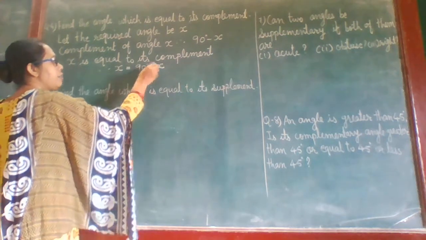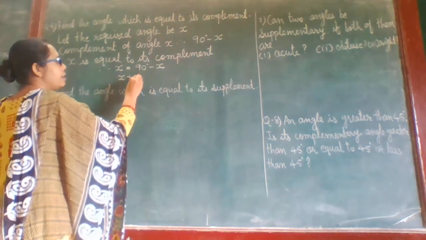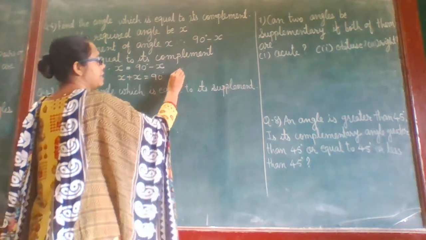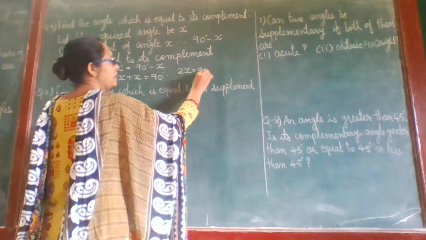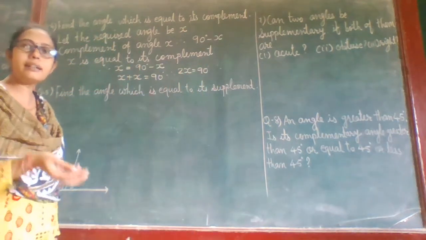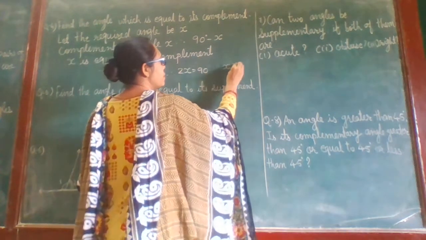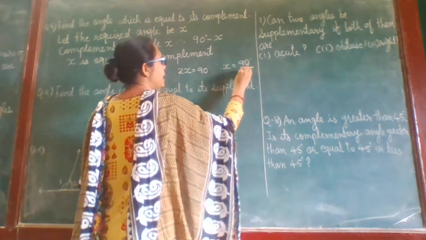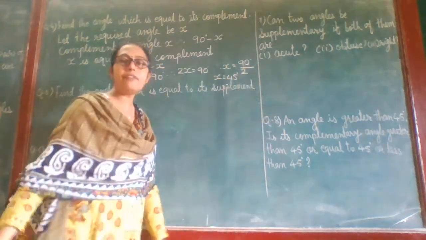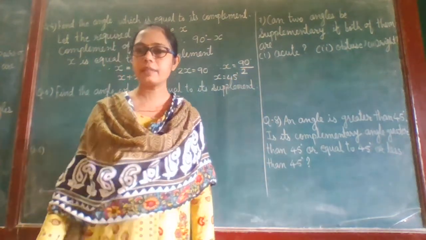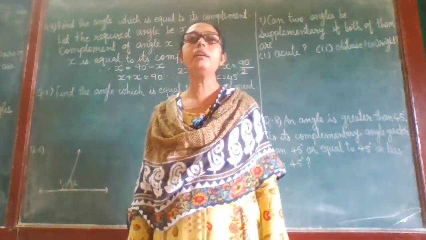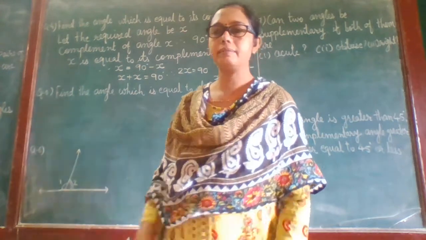So here it is minus, we change the side so it becomes plus. So x plus x is 2x is equal to 90 degrees. Here 2 is in multiplication, we take it to the other side, it goes in division. So x is equal to 90 degrees upon 2. So x is equal to 45 degrees. So 45 degrees is equal to its complement.